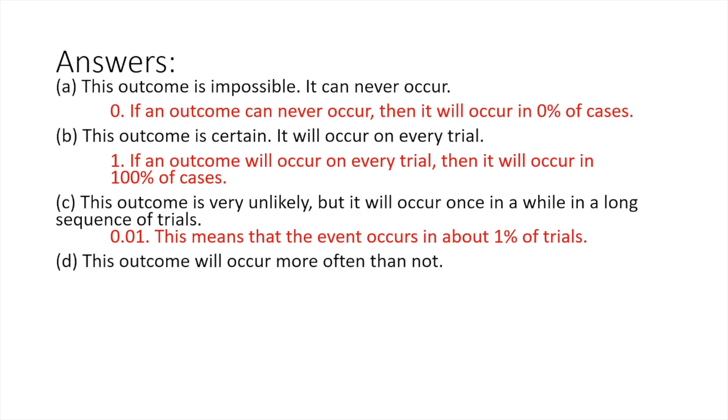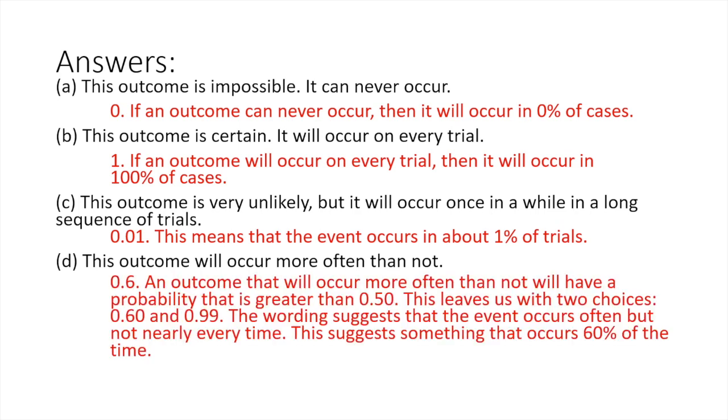And then the last one is a little bit more confusing. So the outcome will occur more often than not. So basically, you should have chosen 0.6. That is going to be more than 0.5 because it happens a majority of the time, or more than half. So you had 2 options you could choose from, 0.6 or 0.99.